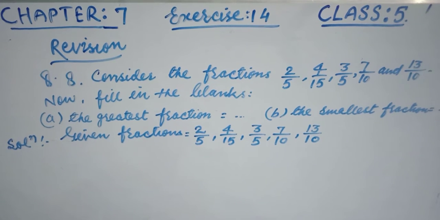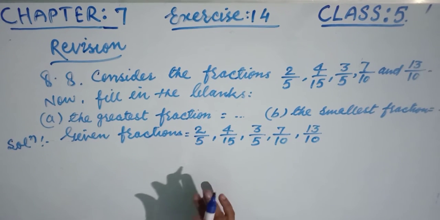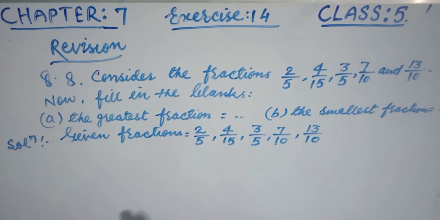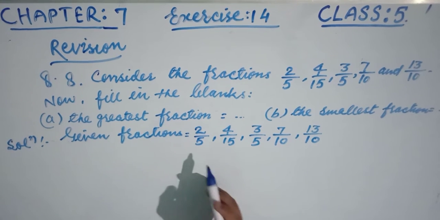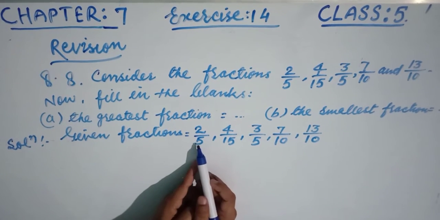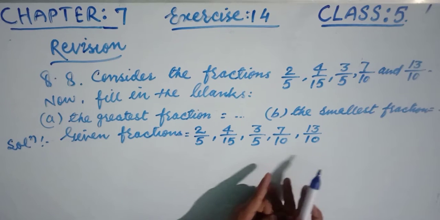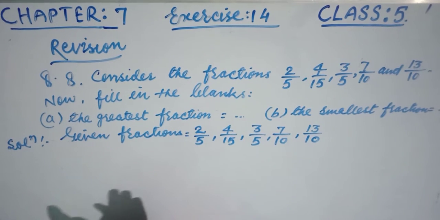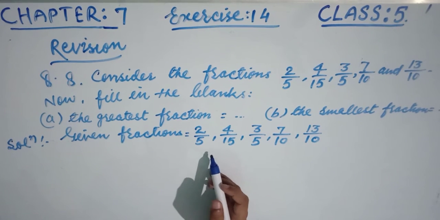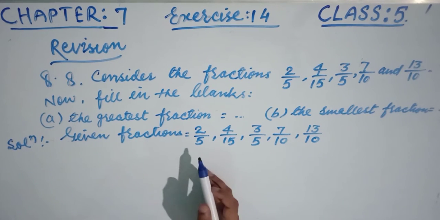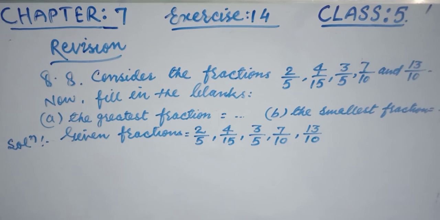So in order to recognize this, first we have to make an equal denominator for every fraction. We will make all the fractions carry the same denominator, then we can easily judge which fraction is greatest and which is the smallest.